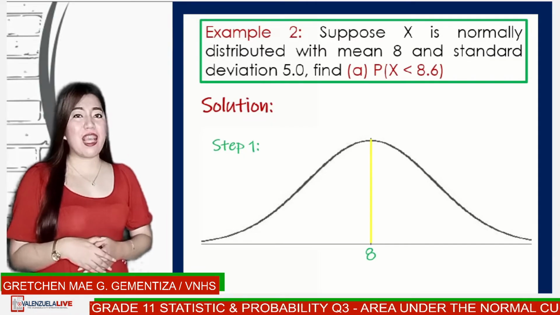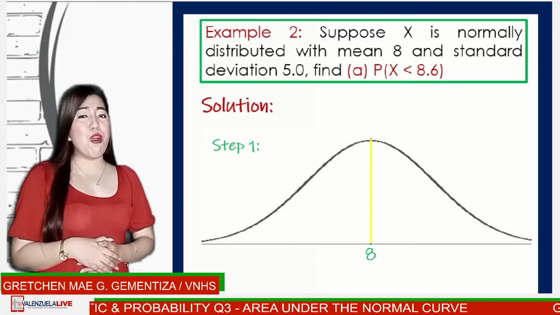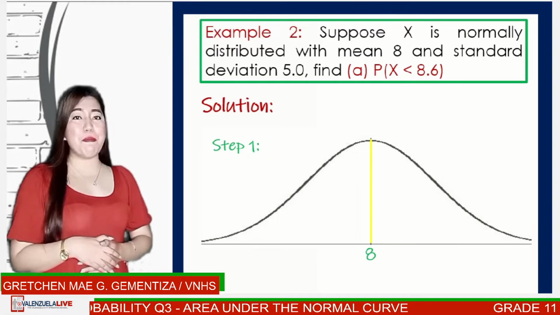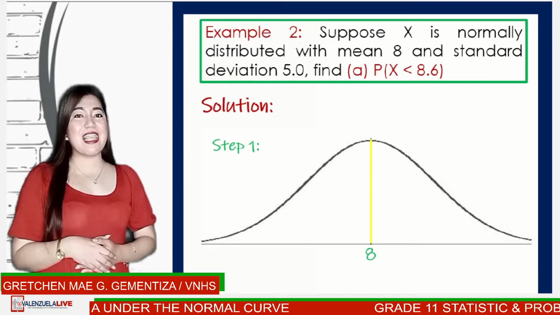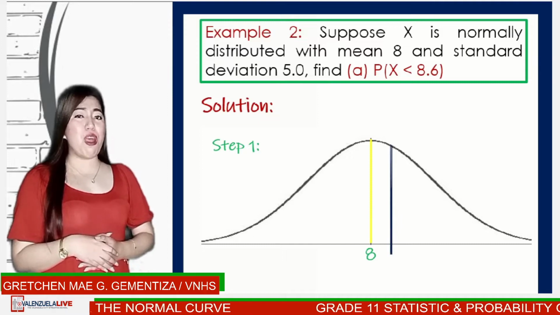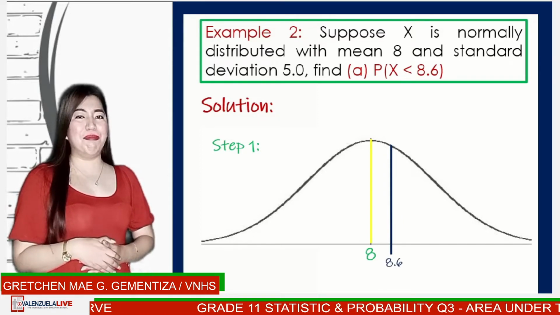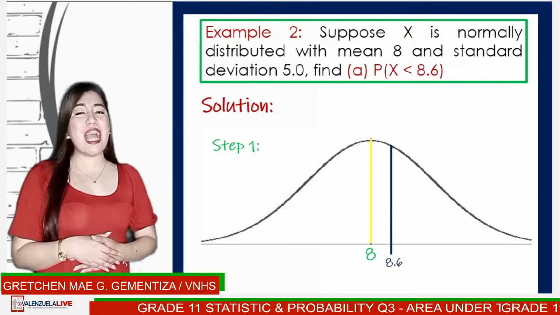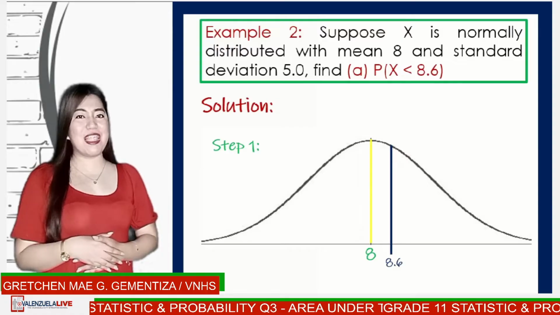Where do you think 8.6 is located? Is it on the left or on the right side of the mean? Correct. 8.6 is greater than the mean, so it is written on the right side of the mean. Now, we are asked to find the probability of x less than 8.6.